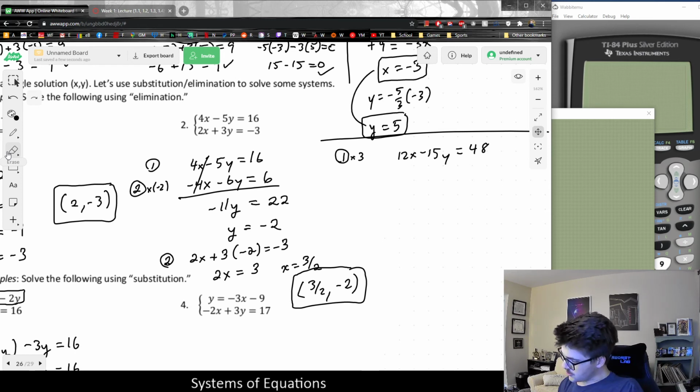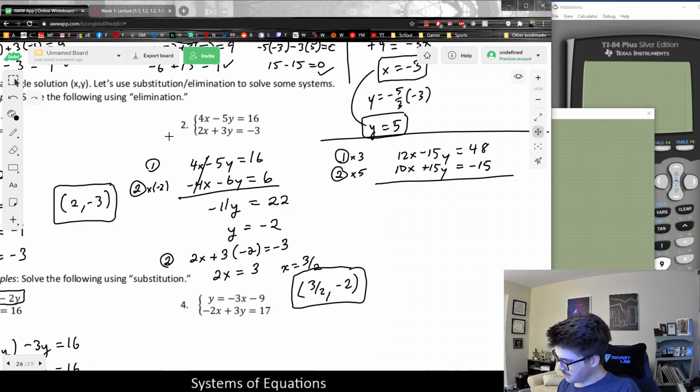And I'm going to take equation 2 and multiply by 5. Again, the reason is if we multiply by the opposing coefficients there, it will give me the same number. And then I'll be ready to eliminate. So multiplying by 5 would give me 10x plus 15y is equal to negative 15. Then I'm going to add them together.